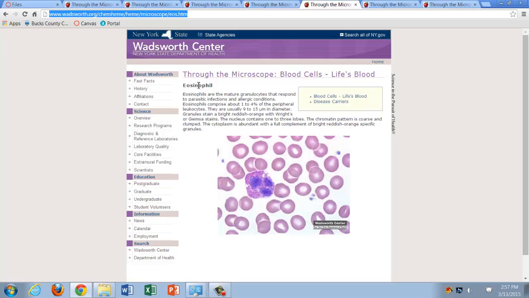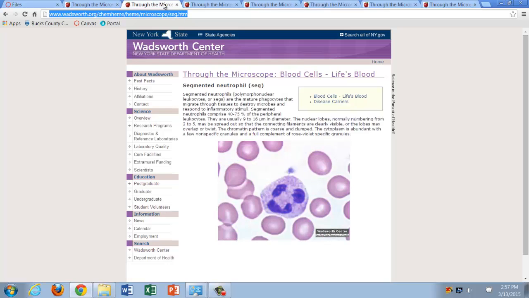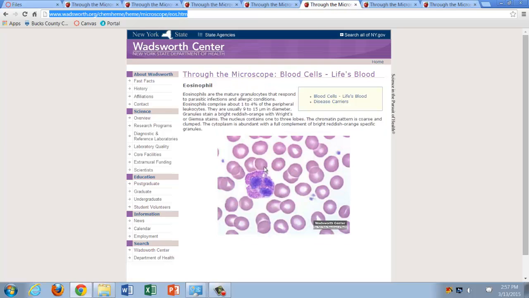Here is what we call an eosinophil, and this is the cousin of this polymorphonuclear. It has segmentations. This one had very light pink granules, and this one has very dark or sometimes red or orangish pink granules. This is the cousin.